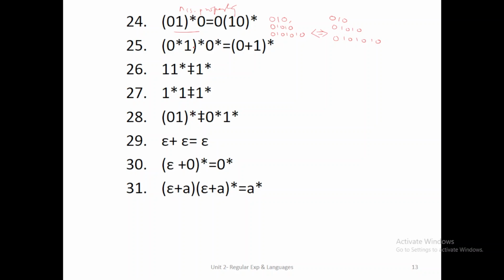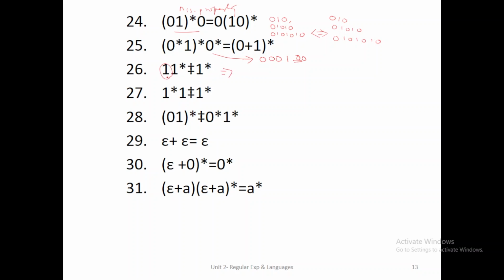So this satisfies the associative property. And 0 star 1. If you take 0 star 1, n number of 0 followed by 1. After that there may be the possibility of epsilon or 1 0 or 2 0, like that. So n number of values are possible. Then 1 1 star. What is the meaning of 1 1 star?